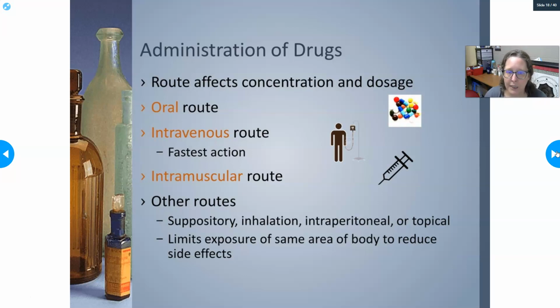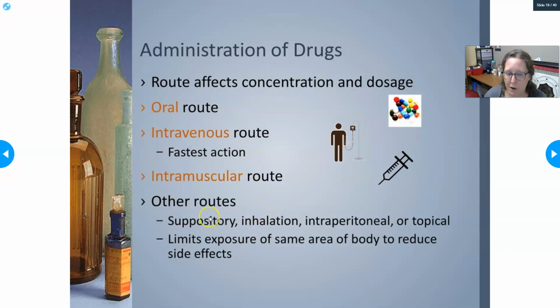IM is probably one of the next fastest, so it's injected into the muscle, and from there it slowly absorbs into the systemic circulation. But I would say, really, other than IV, the other fastest is going to be inhalation, because anything that you can inhale into the lungs is going to cross over from the lungs straight into the systemic circulation too. So probably inhalation would be the fastest after IV, but IM is really close on that too.